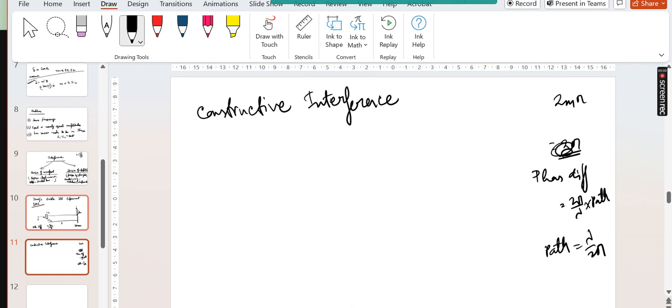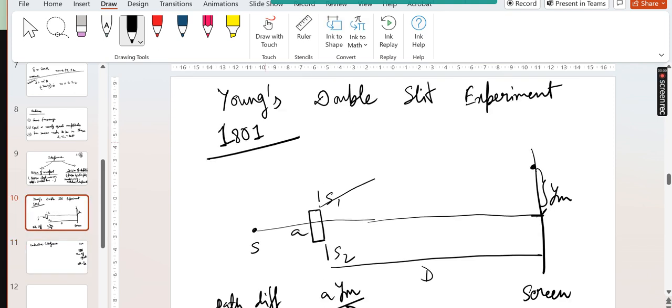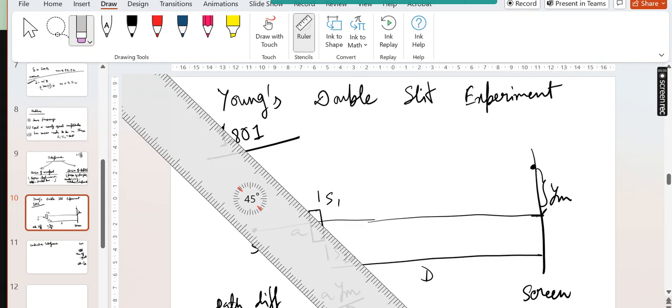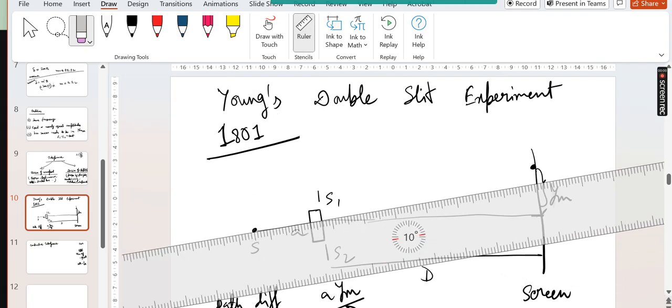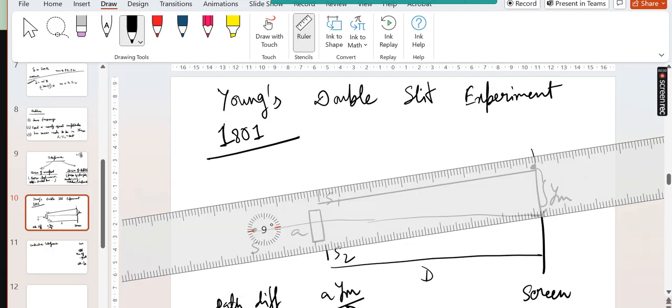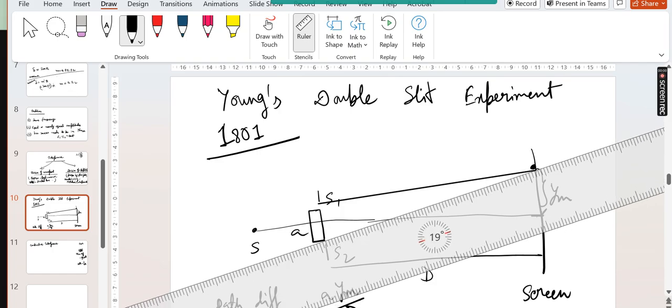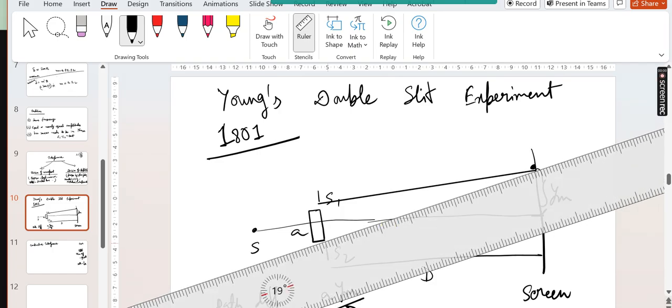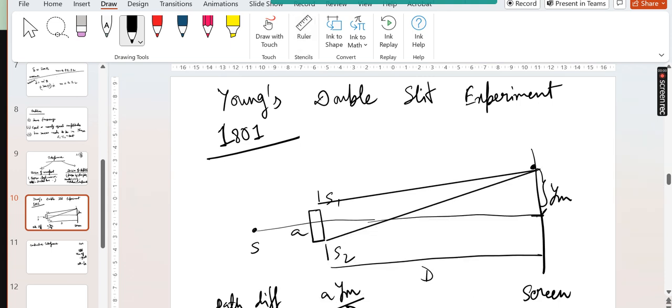So the path difference would be like this. This is R2, this is R1.